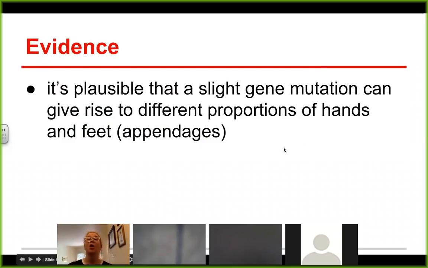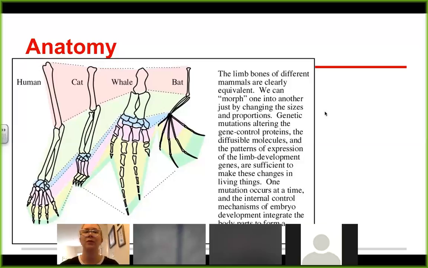We have not found out exactly what the gene mutation would be, but scientists believe it's possible that a slight gene mutation could give those different forms. So the bat is probably just 1 or 2 genes off from a human, and that produces these skinnier bones in the same proportion.